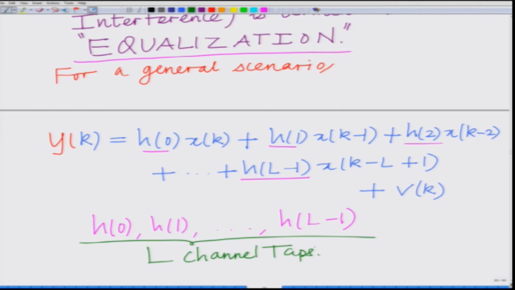So, for a general system with intersymbol interference, yk equals h0 xk plus h1 xk minus 1, and so on, until hl minus 1 times xk minus l plus 1, plus the noise sample vk. As L increases, the severity of ISI increases, which means more and more previous symbols xk minus 1, xk minus 2, and so on interfere with the current symbol xk.